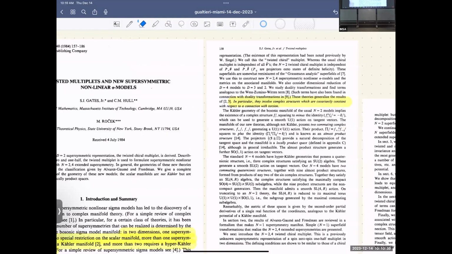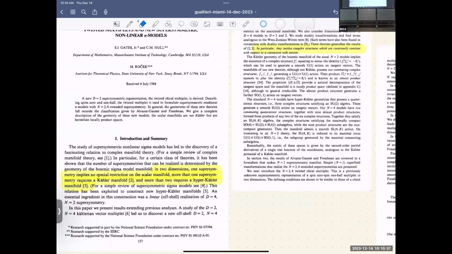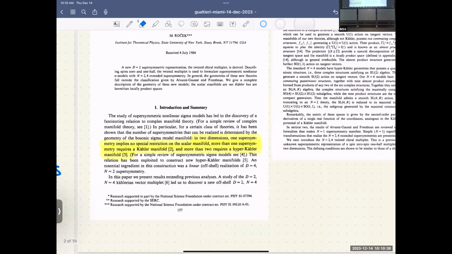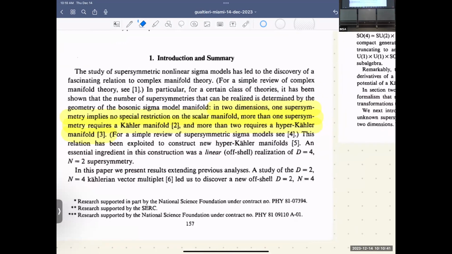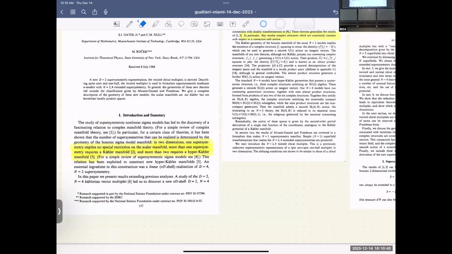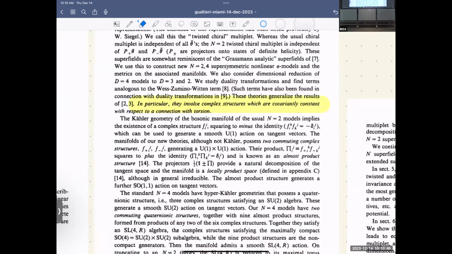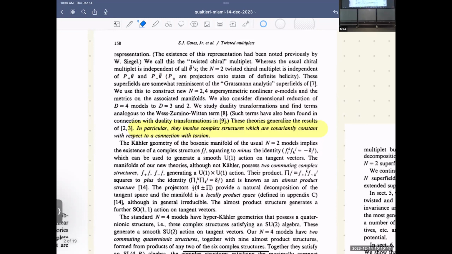Okay, so what they're doing in this paper, they say they're going to extend previous analyses. So in this paper, they introduce basically a new type of geometry that will give the same supersymmetry algebra for the model.